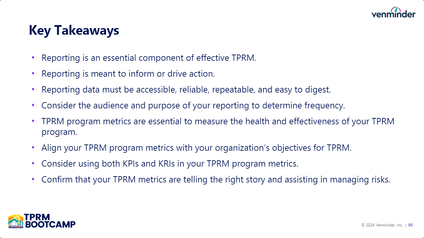And we also need to think about program metrics, how they're essential to measure the health and effectiveness of the program, and that they should be aligned to the organizational objectives for third-party risk. Those metrics should include both KPIs and KRIs and tell the right story and help us with managing risk.